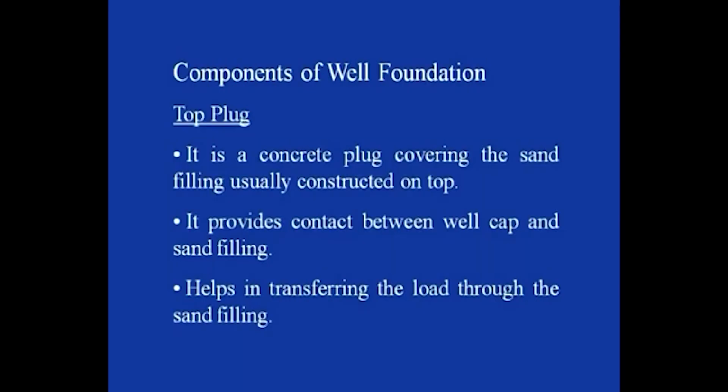Coming to the next component, that is the top plug of the well foundation. It is a concrete plug covering the sand filling, usually constructed at the top of the well. It provides contact between the well cap and the sand filling and facilitates the transfer of some part of the load from the superstructure to the sand filling and then to the bottom plug.